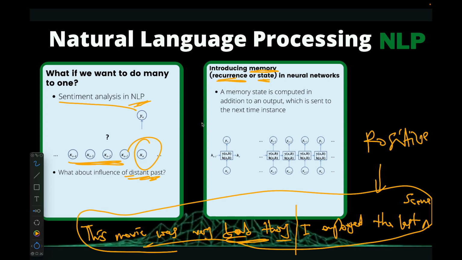So the previous state of the sentence, or the previous state of your data, or the previous state of your corpus needs to be taken into consideration. And that's what you're going to do moving on, talking about memory or recurrence, and then we see how we link that to neural networks.